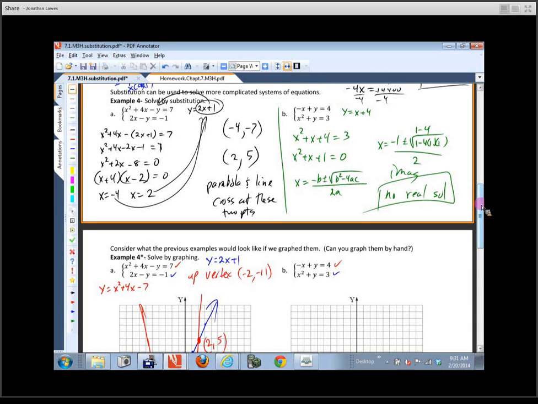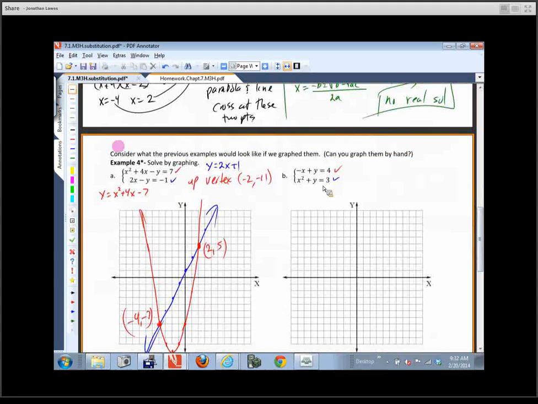You might want to visualize how that would work. Let's see, this is a parabola that opens down. What does the plus 3 do? Move it up 3. 1, 2, 3. Stretched or shrunk?